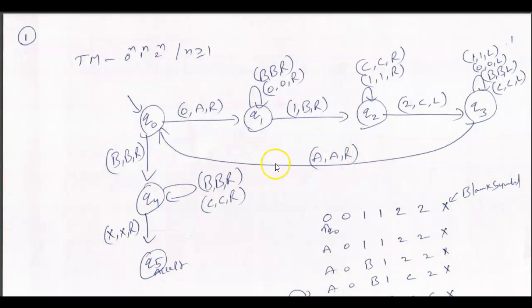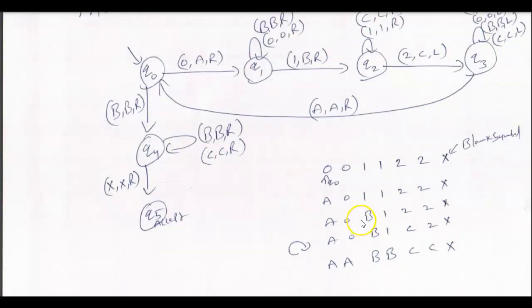Whatever the infinite language, it will be handled there. You have to take care of the different transitions by taking a valid string. Very, very important point: we don't take any minimum string here.